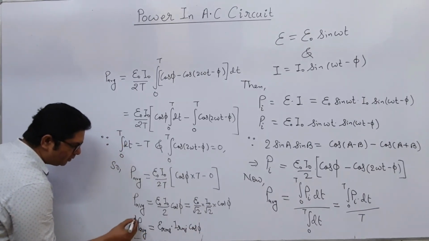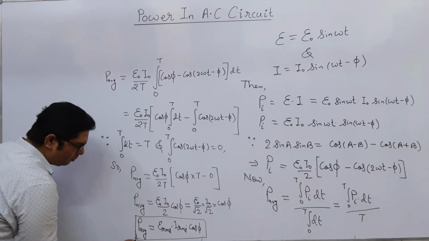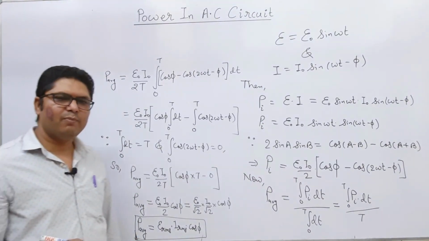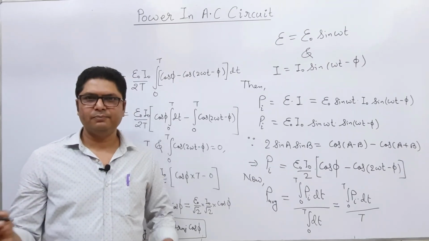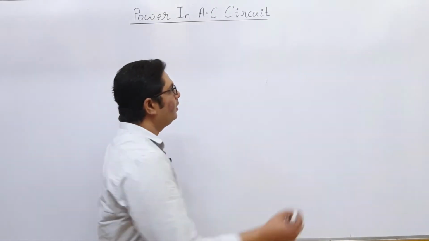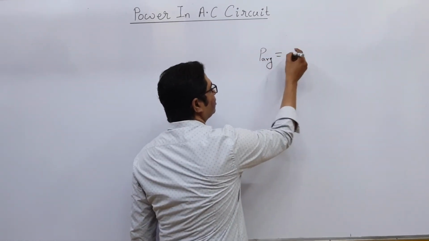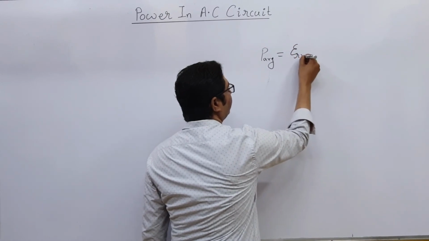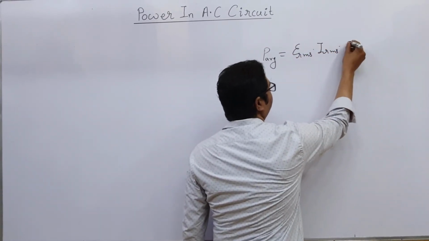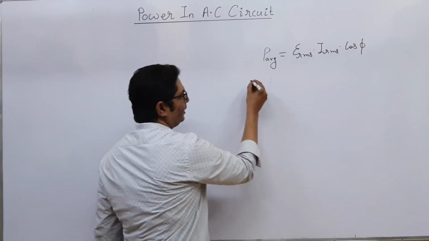Cos phi is known as power factor. So we have the formula for average power, that is P average equals ERMS IRMS cos phi. Thus you have learned that P average equals ERMS into IRMS into cos phi. Now let us see some cases.